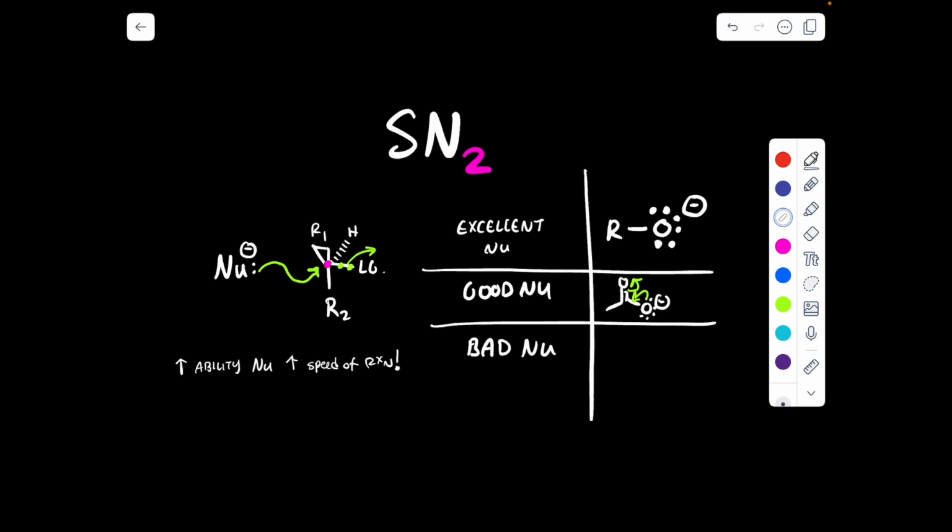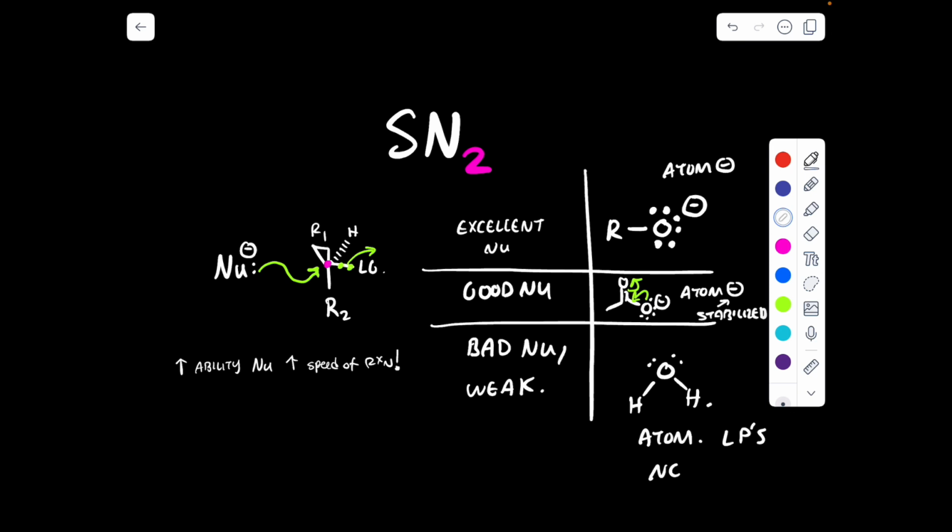So some atom that is minus, but the minus can be stabilized. Whereas for an excellent nucleophile, we have some atom that is negatively charged. So a bad nucleophile, or in other words, a weak nucleophile, is just going to be some atom that still has nucleophilic properties. So it still has lone pairs, but it is neutral. So some atom with lone pairs, but it is neutral.